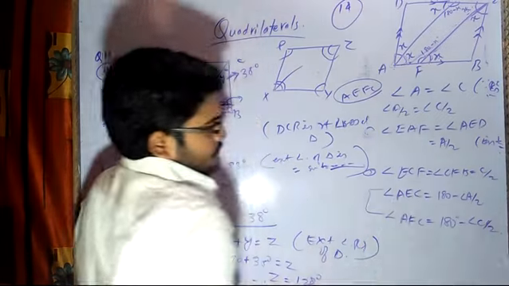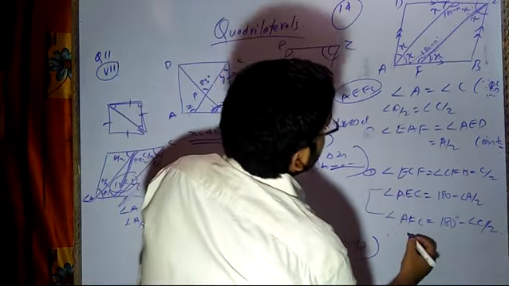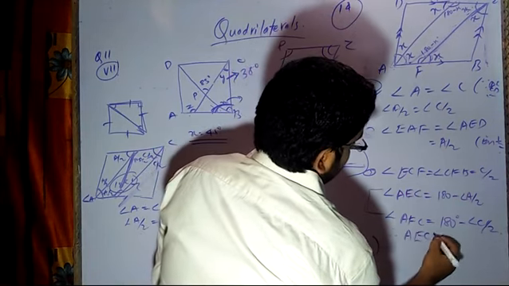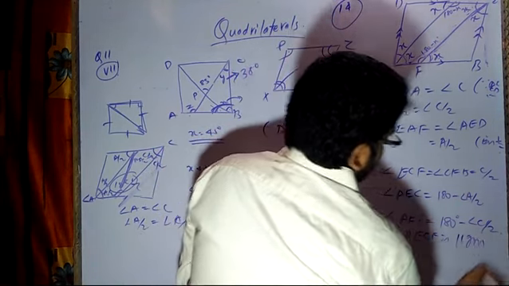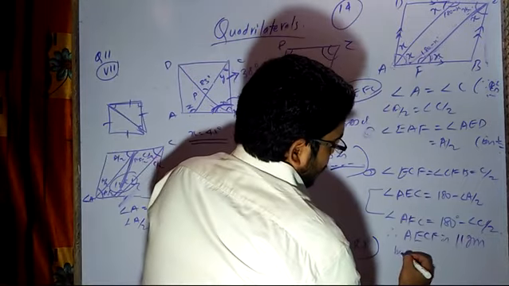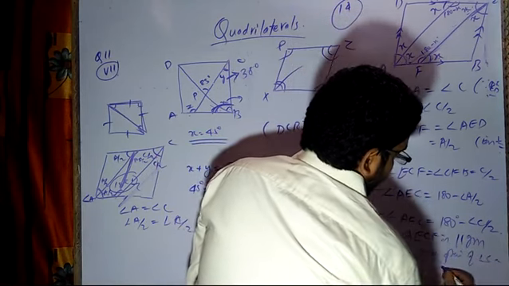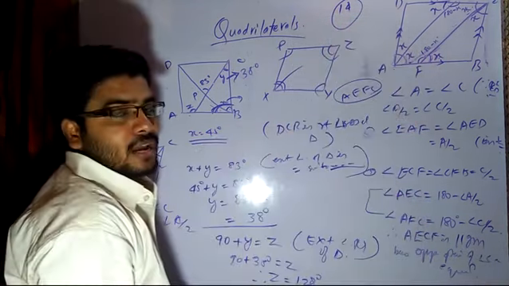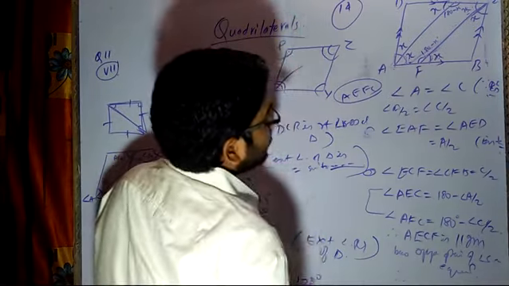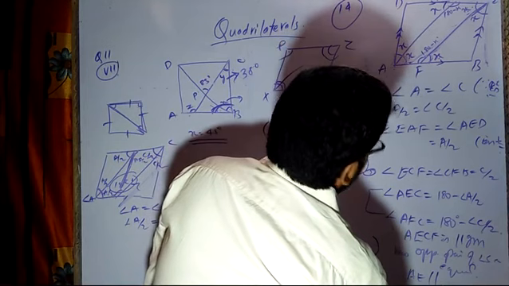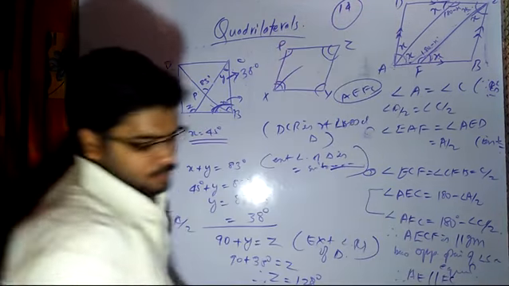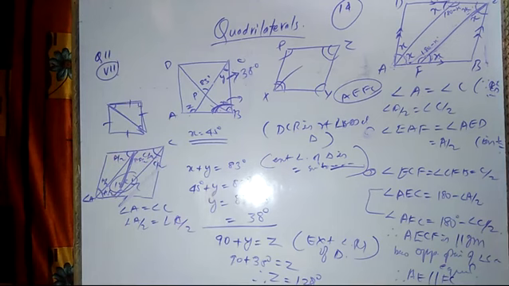Now these two angles are opposite, therefore we can say AECF is a parallelogram, because opposite pairs of angles are equal. Therefore AE will be parallel to FC. This is what we have to prove. This is based upon the properties of a parallelogram. If you have gone through the example problems, definitely you all will be able to solve. Thank you.